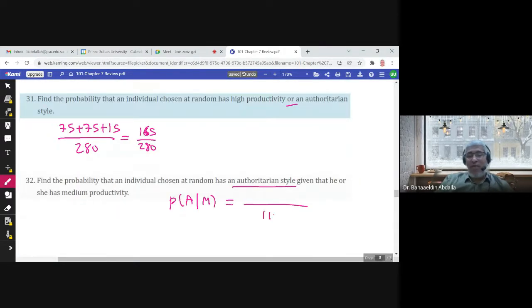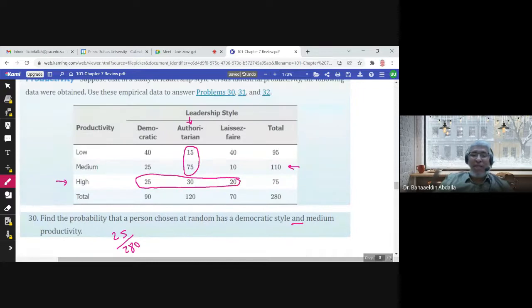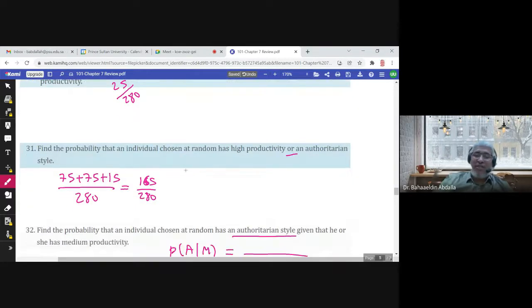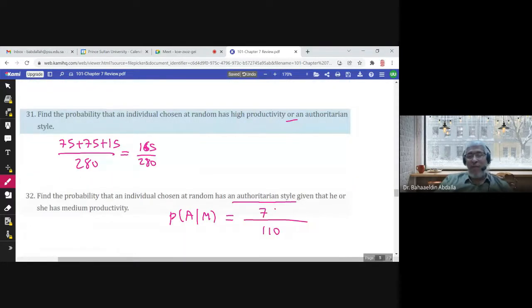Remember, the definition of given is probability of A intersection M over probability of M, or number of elements in the intersection over number of medium. In the intersection between A and M, I have 75. So the answer is 75 over 110.